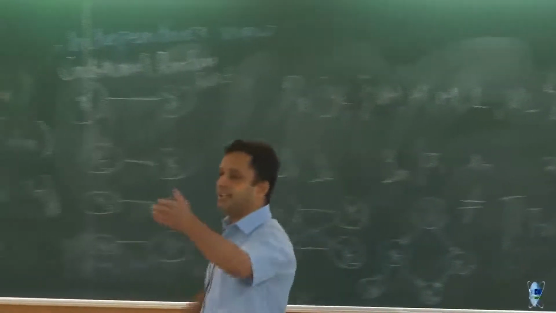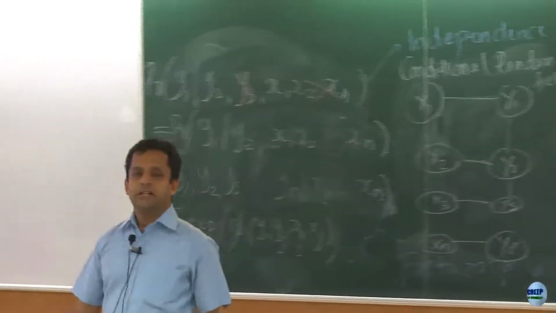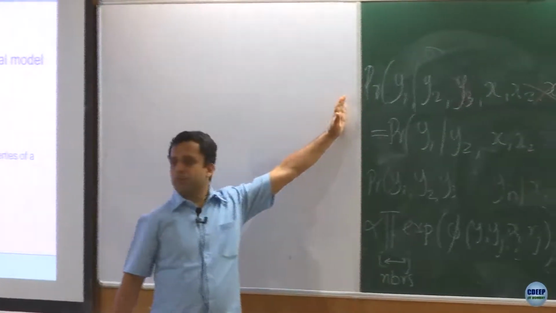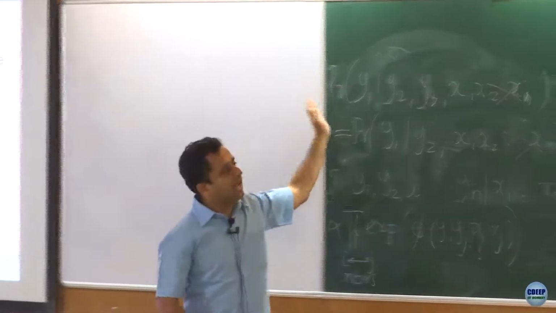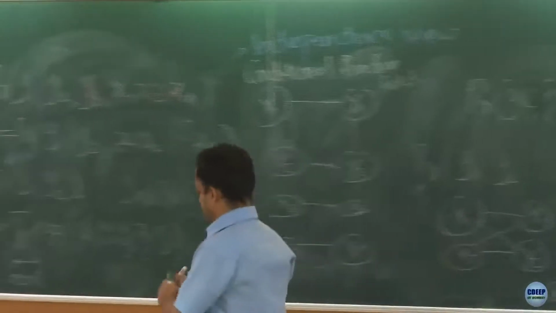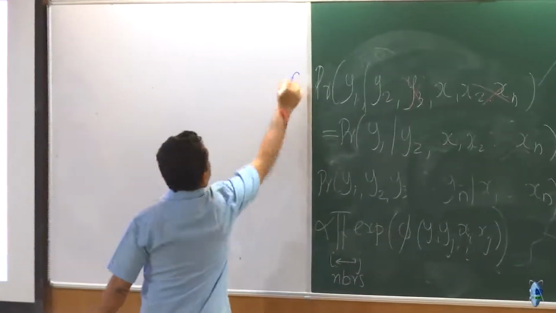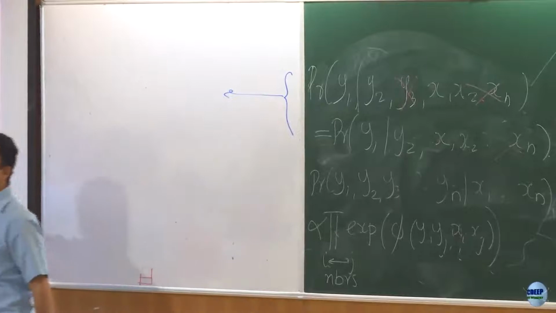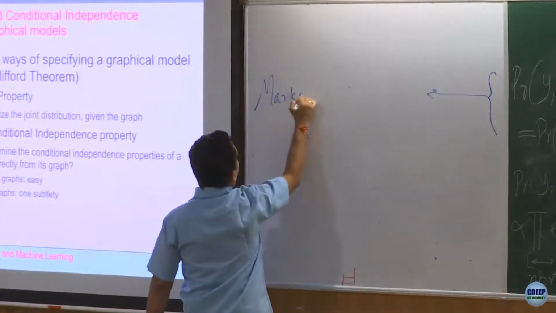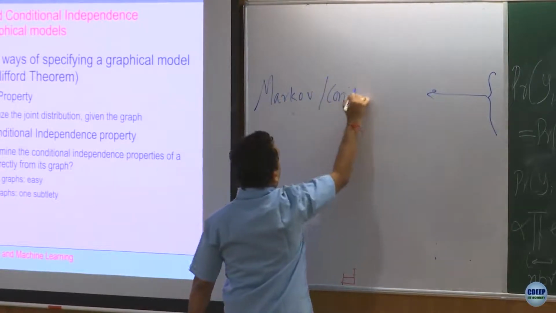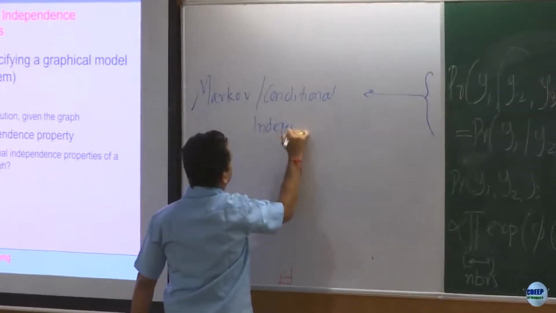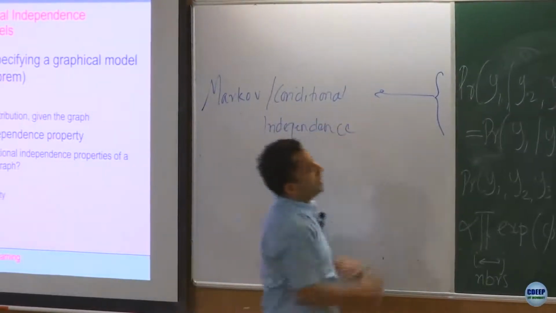Now coming to the very interesting discussion that we had. Saksham had suggested one view which was based on independence, and that is one characterization of graphical models. This is called the Markov or conditional independence property.